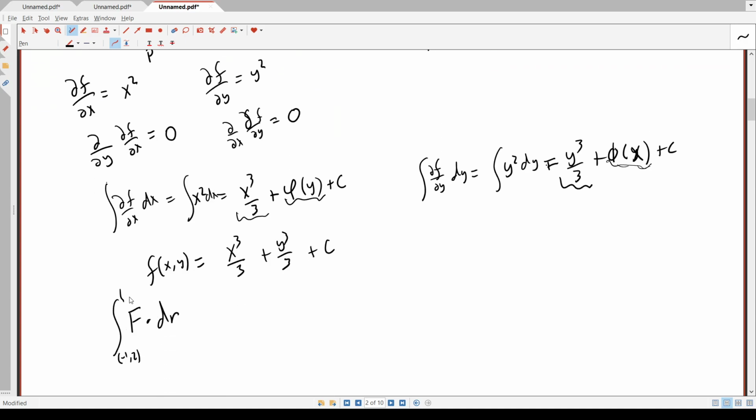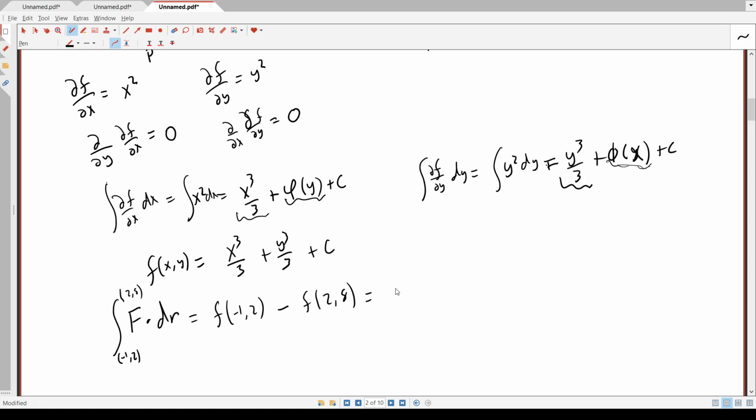So this is my A, this is my B. This is just going to be f of 2, 8 minus f of negative 1, 2.